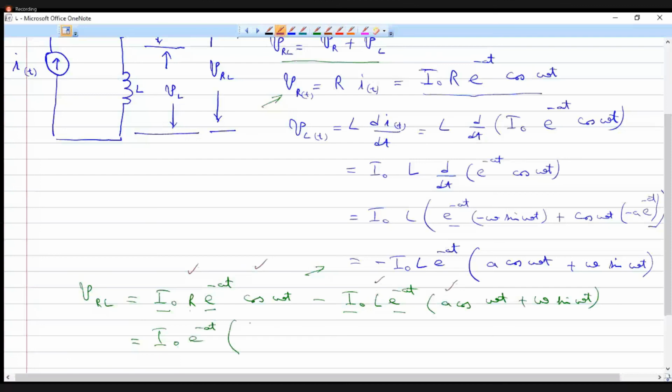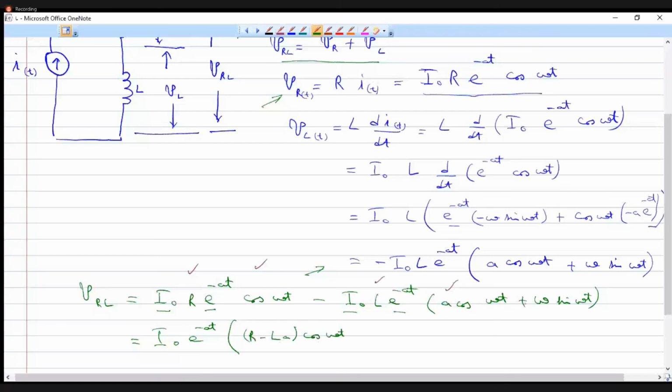So that will be (R minus L A) cos omega t.